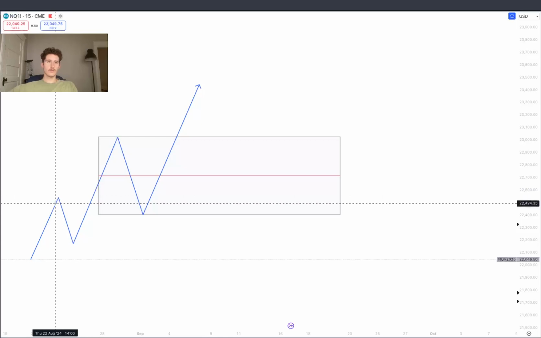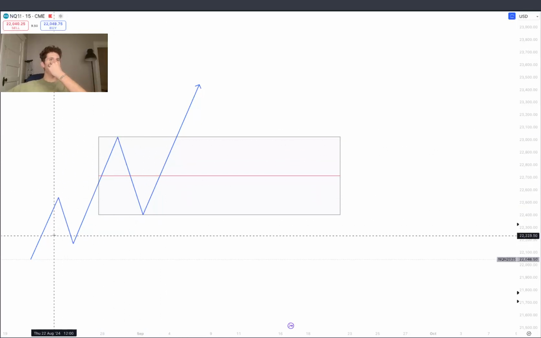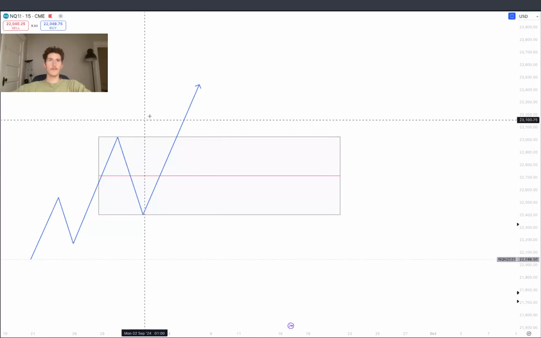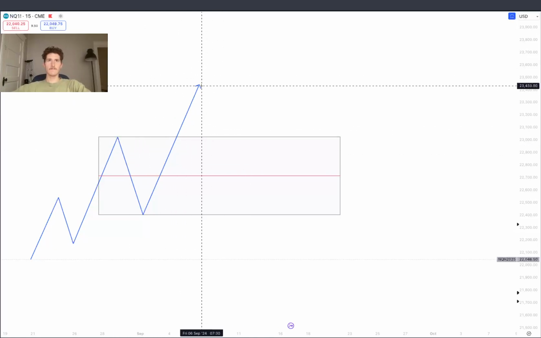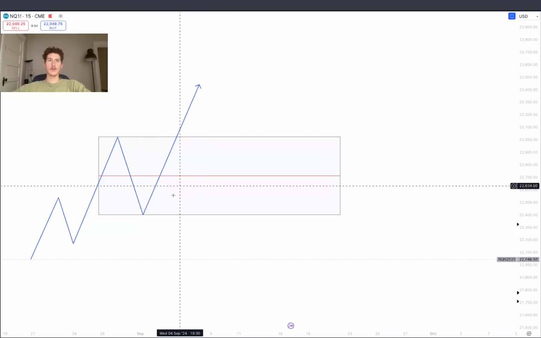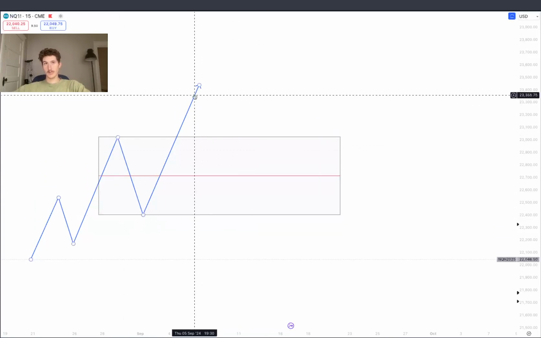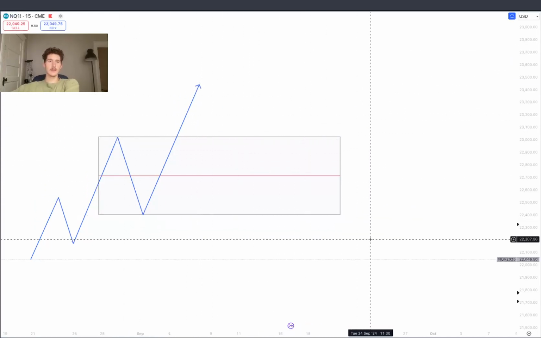So this entire time, the 1 minute has been bullish and it is remaining bullish. So on the 1 minute time frame, as long as we do not close below this protected low, or make a new protected low and then close below it, we are still bullish.